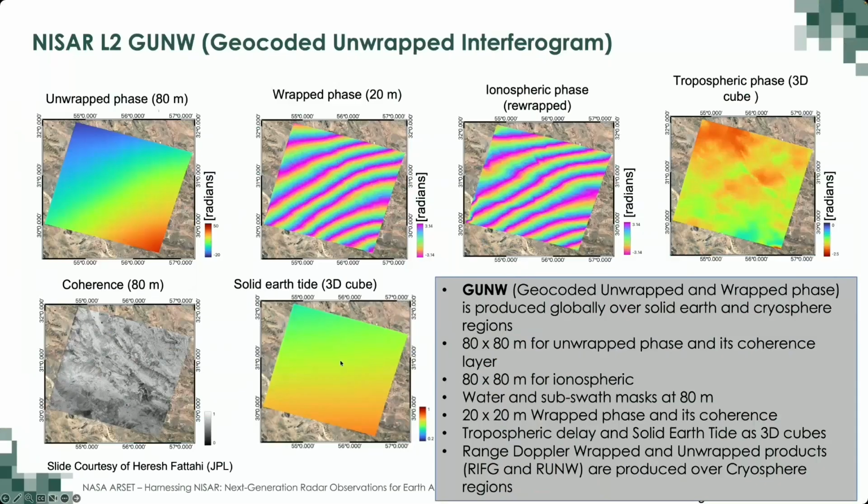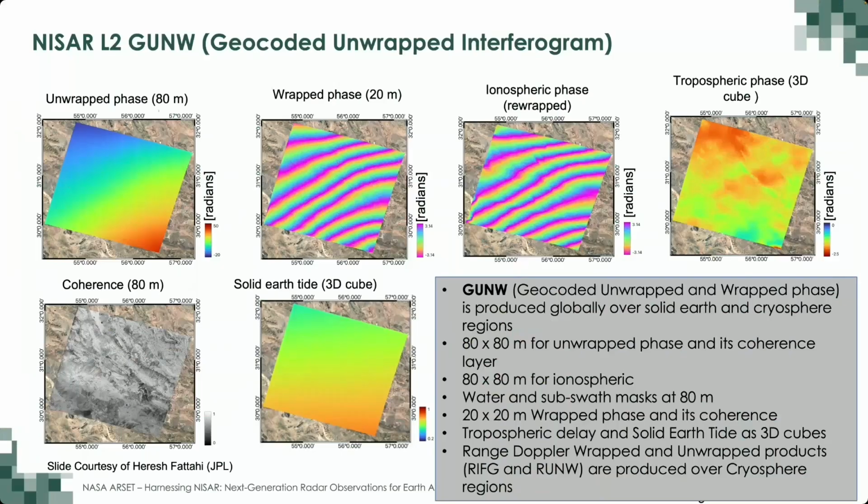The other two panels here show a solid Earth tide. People are probably familiar with the tide of the oceans, but it turns out that the gravitational attraction of the moon actually also causes the solid Earth to flex somewhat, and that can have a small but measurable effect on the interferogram.